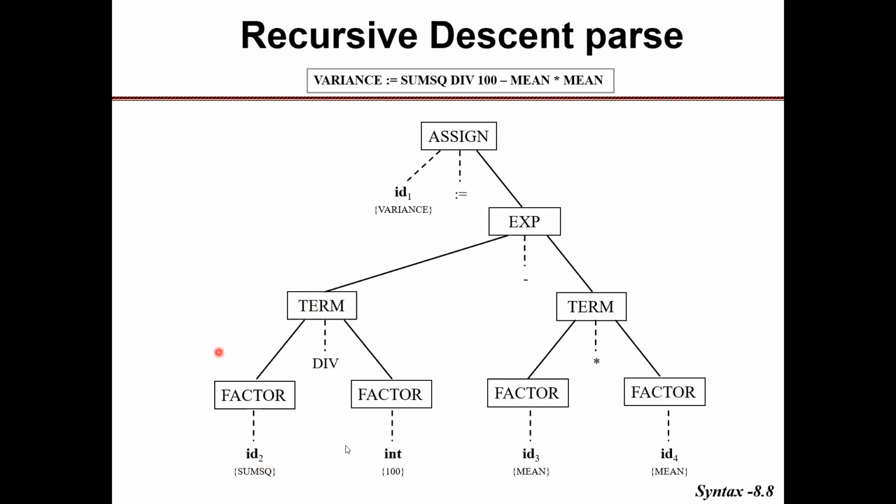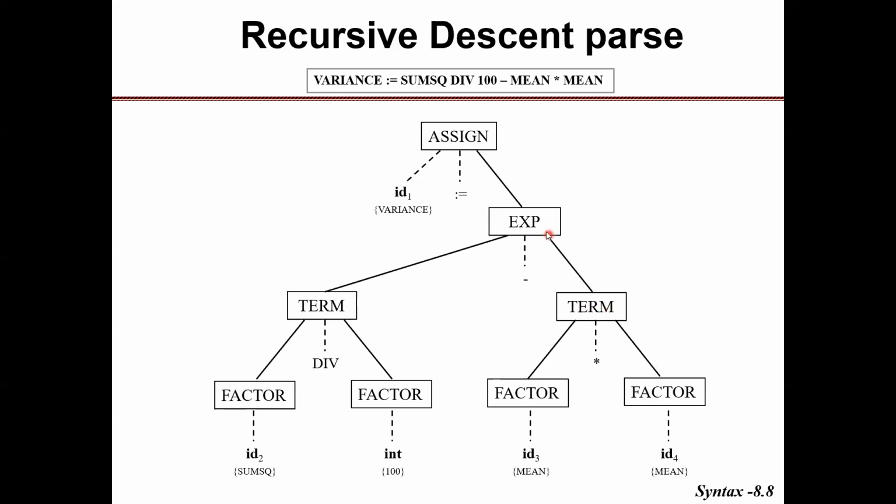The results of this then come up to the first part of this expression. So that's this whole part here. We did the division first, followed by a minus, followed by a term. Well, the term must be a factor, which was the first mean, followed by the multiply, followed by the second factor, which was the second mean.